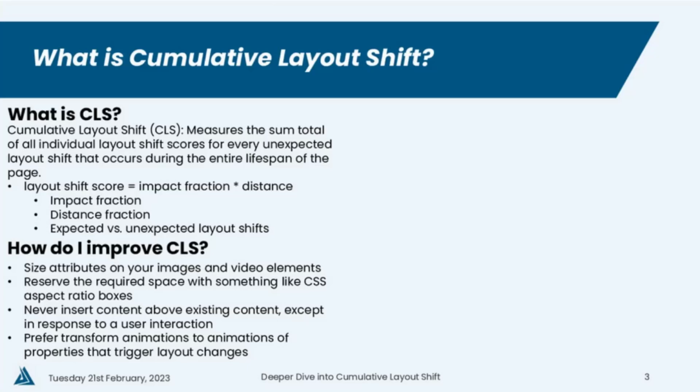Cumulative Layout Shift as a metric is looking to see how many of these shifts are occurring on that page and then tallying them all up to give you a score. You might note that the CLS is different from its other Core Web Vital brethren in that it does not have seconds on the end of it. This is due to its unique way it's calculated.